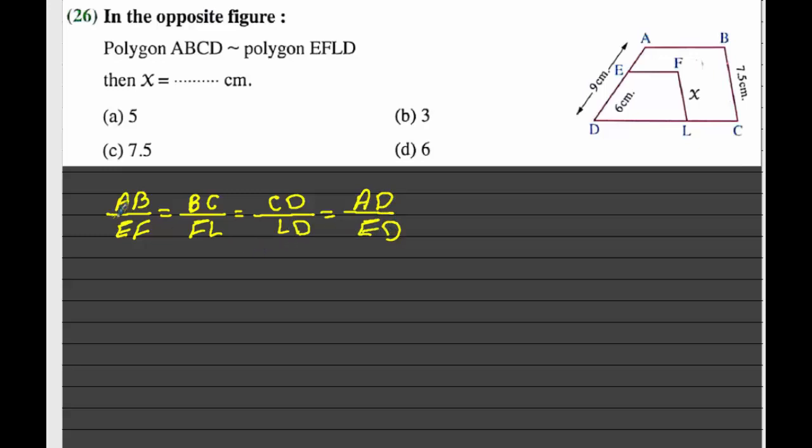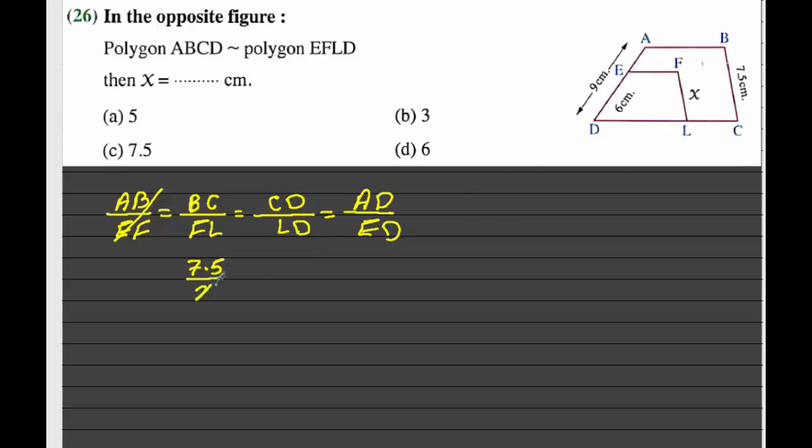And now we write from the given AB, it is unknown, over EF. Okay, but we will not use it, so cancel it. And BC over FL. What is the length of BC? It is 7.5 over FL. What is the length of FL?